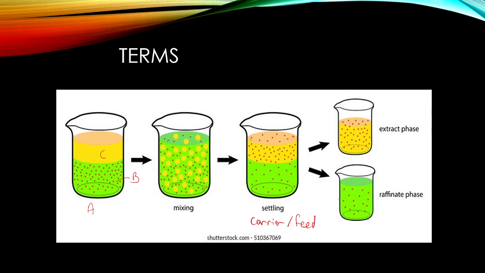So with the solutes that didn't get extracted, that unextracted solute and the carrier solution become what we call the raffinate phase. So the extract phase is just the solution we are getting that is consisting of the solvent and the extracted solute. And the raffinate is the solution we are getting that is consisting of the carrier solution, that's what was initially holding the solute, and the unextracted solute.